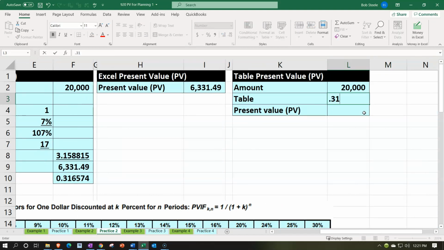Adding decimals, home tab, numbers, decimals, multiplying equals 20,000 times that decimal. We get 6332. Adding decimals, home tab, number, add a couple decimals.